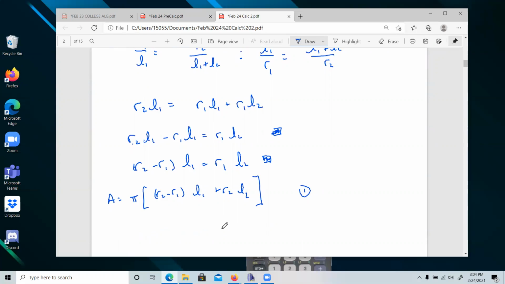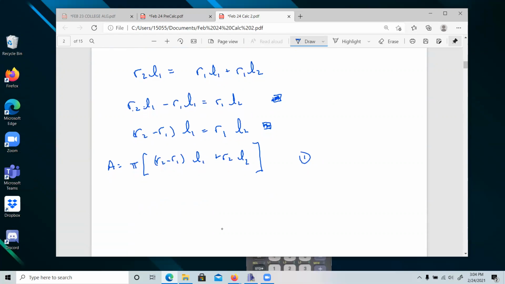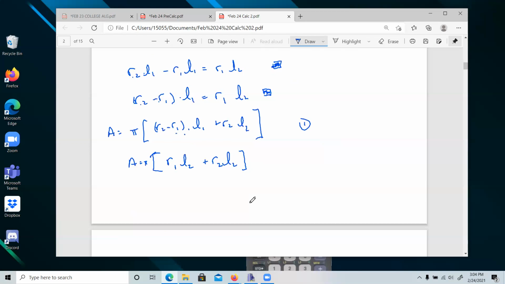And we can substitute something here, can't we? We have R2 minus R1, L1. That's equal to R1 L2 plus R2 L2. Now we're going to say that this is L2. Okay, we still have our pi.